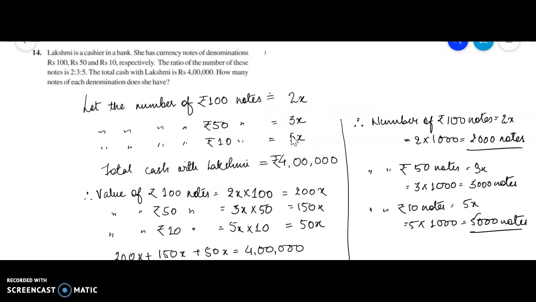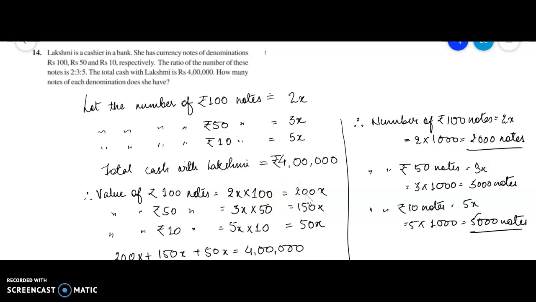We don't know the value of the rupees 100 notes, the 50 notes or the 10 notes. So first we need to find the value of the 100 rupees notes, 50 rupees notes and 10 rupees notes. For 100 rupees notes, we have 2x notes and the denomination is 100, so the value will become 200x.